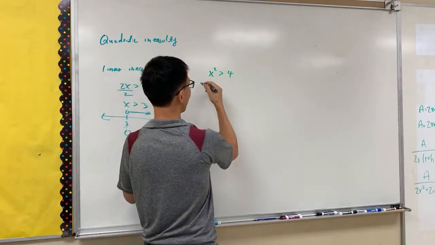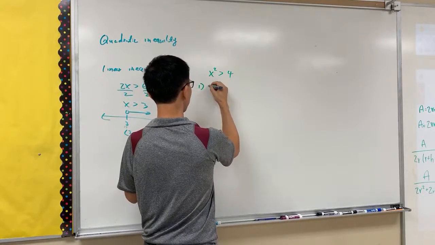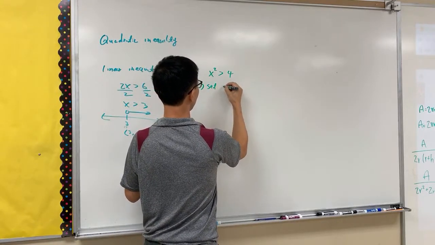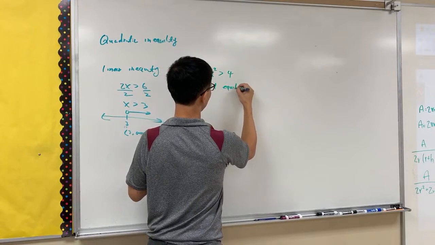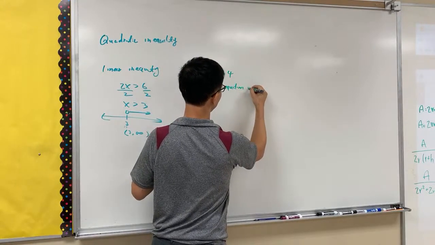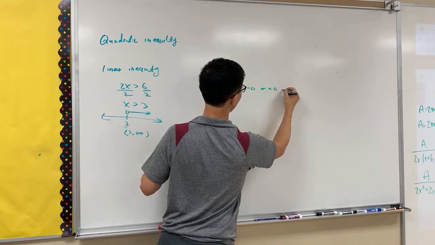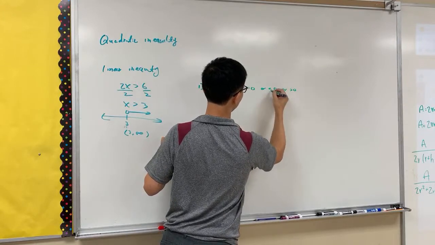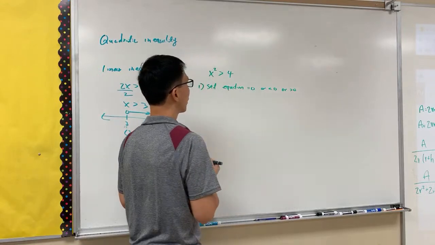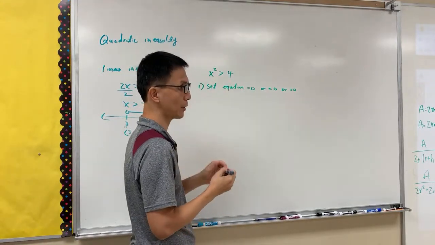So the correct way is, the first step is set the equation equal to 0, or less than 0, or greater than 0, or it could be greater or equal to. I always move the 4 to the other side.